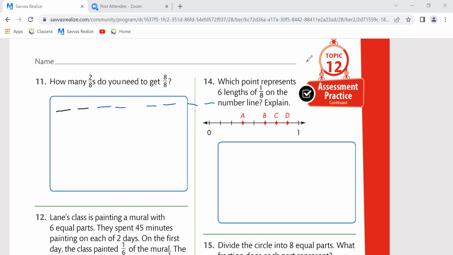So how many those 2s you need to get to 8? 1, 2, 3, 4. Yes, 4, not 6. Not 6 because we are counting 2s. First 2s, second 2s, third 2s. So how many together? 4. That's it. So the answer is number 4.